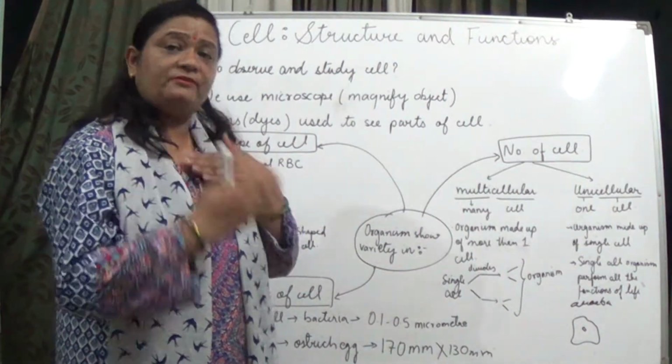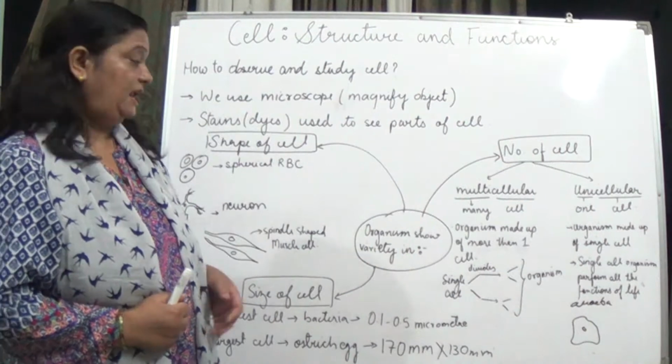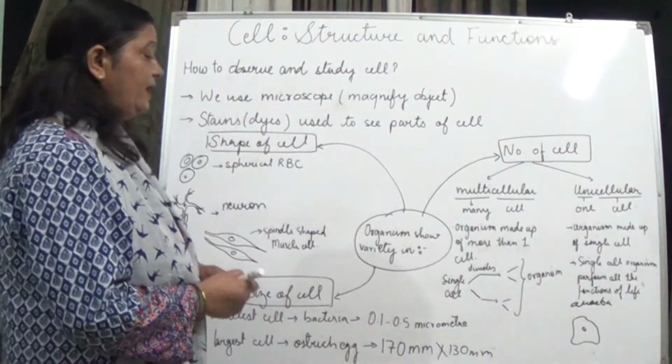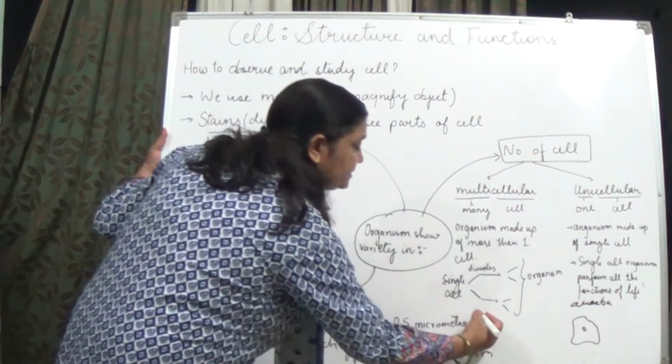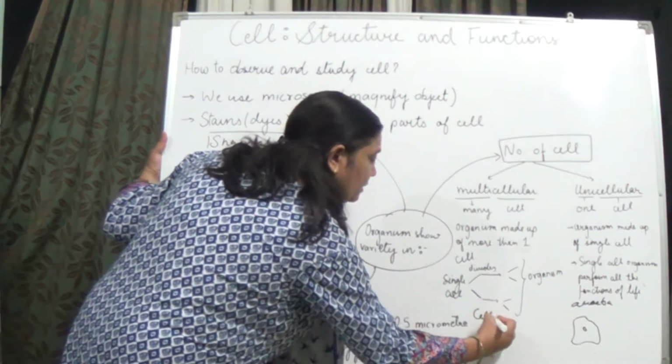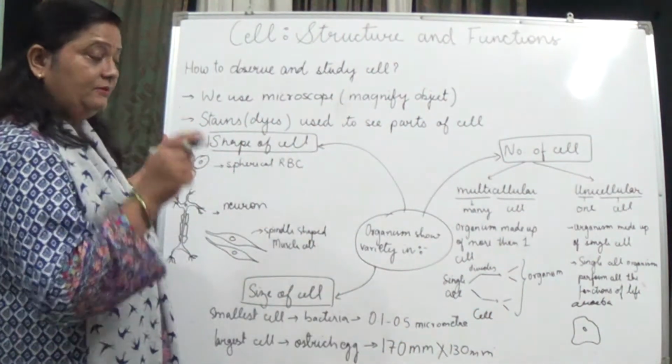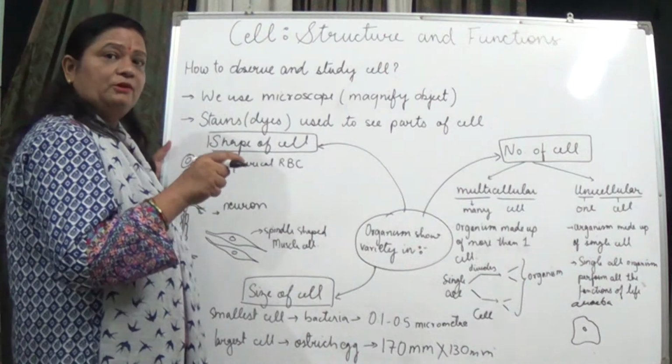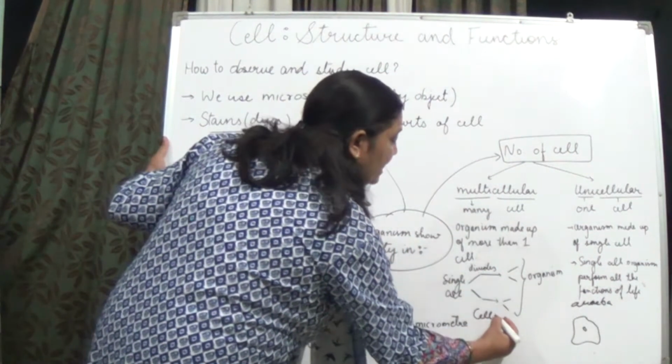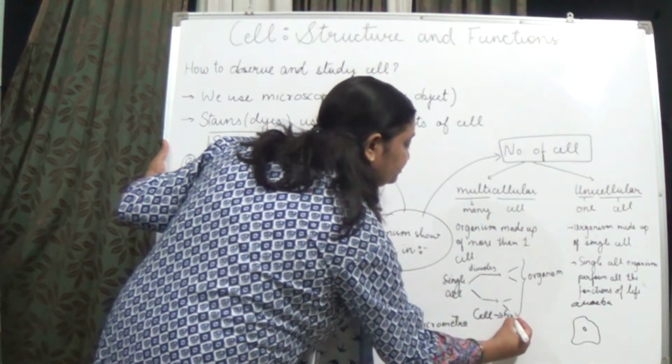How do they perform the basic functions of life? Actually these cells, the similar types of cells, when they perform a single function grouped in one, that is known as what? Tissue.